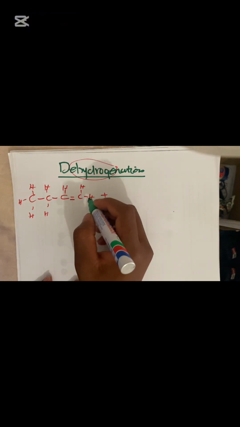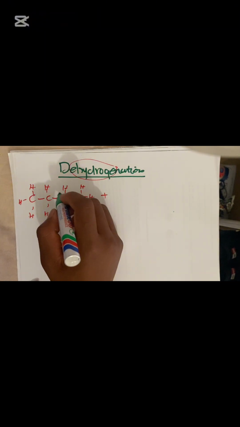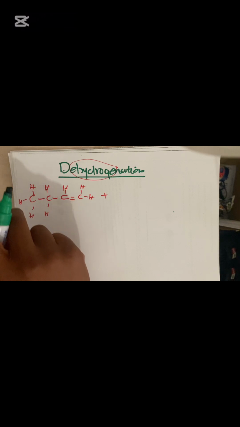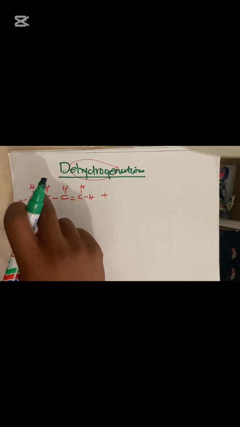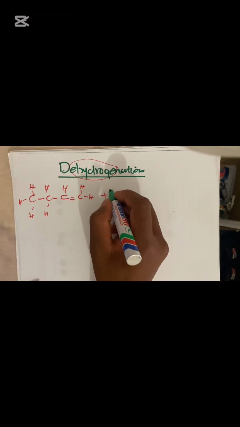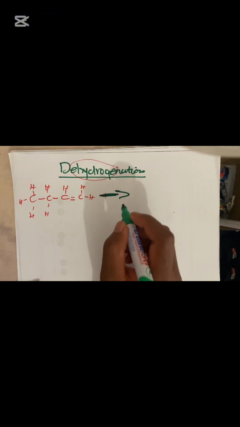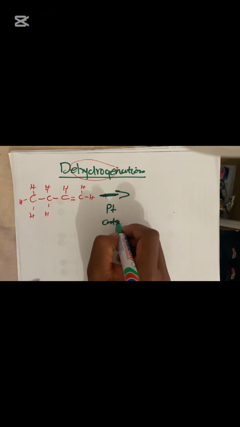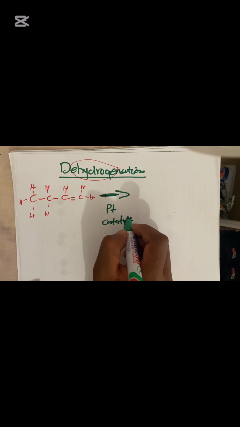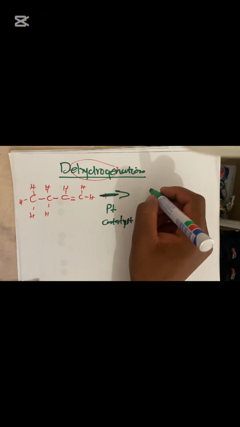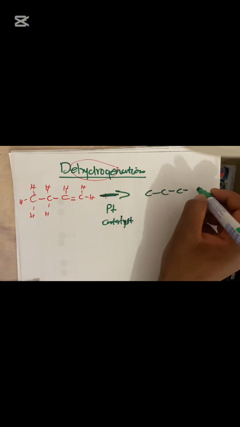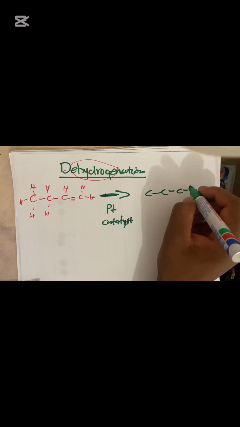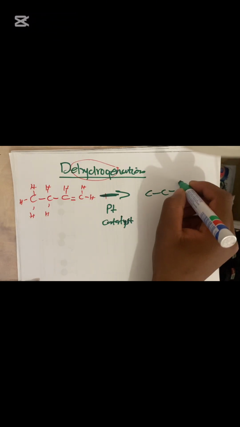Right. So now, which one are we going to remove? This one has 1, 2. This one is 1, 2, 3, 4, 5, 6, 7, 8. Platinum as a catalyst. And then now we're going to have 1, 2, 3, 4, and we are going to be forming single bonds, guys.